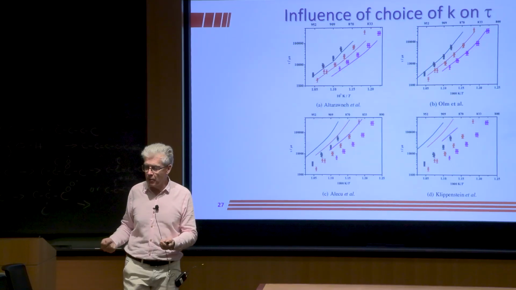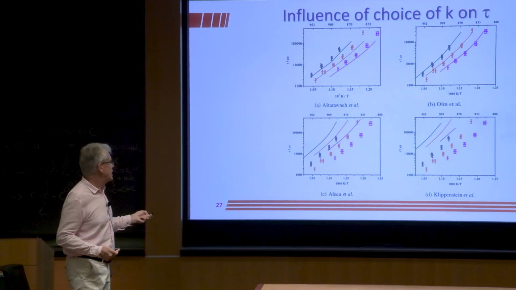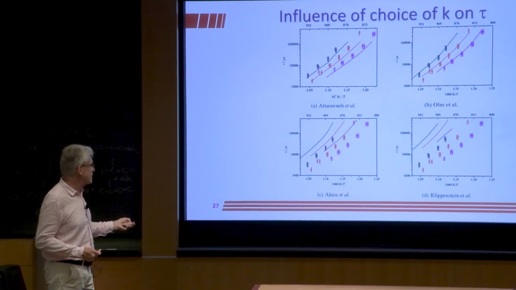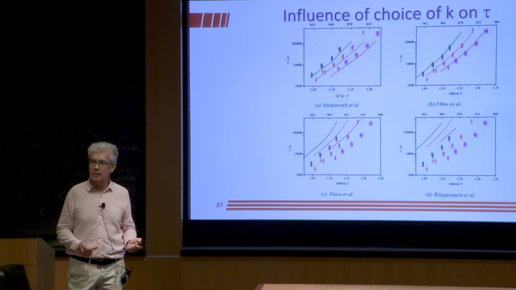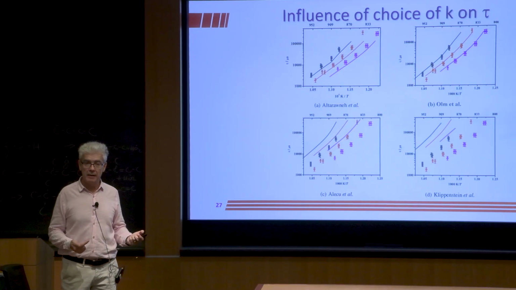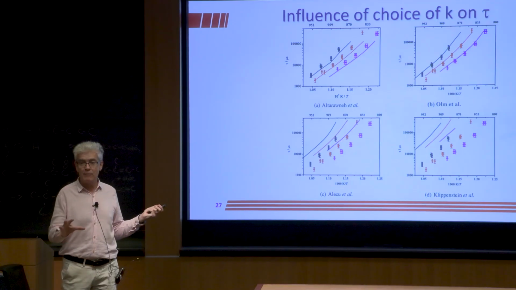I would say probably the Aleku et al. rate constants might best model these ignition delay times. I don't know. I haven't looked at it in a long time, okay?